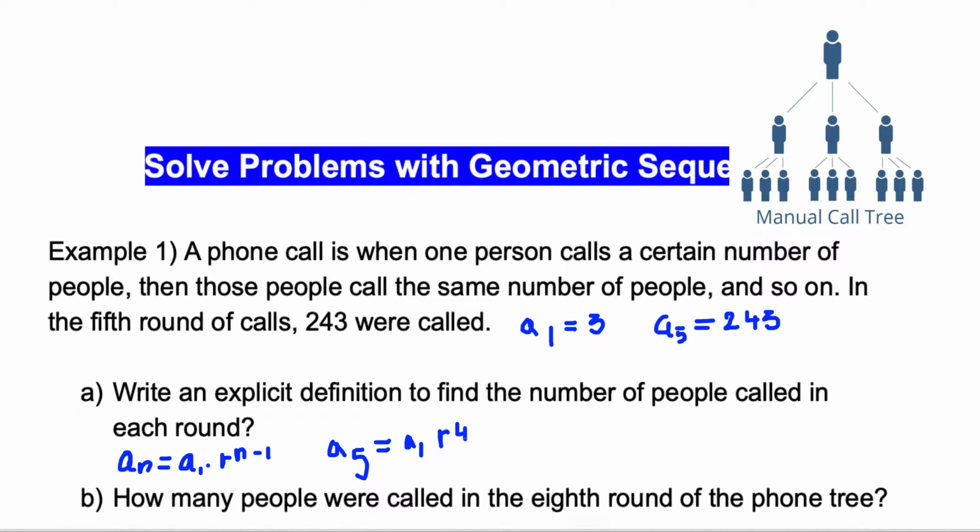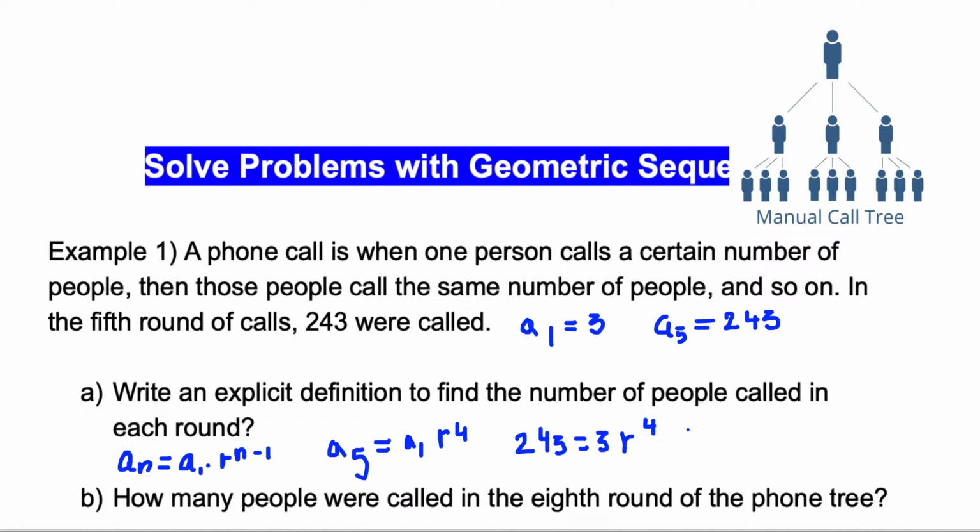Now let us substitute those values. A fifth is 243. A1 we already know is 3. R we don't know what it is, and it is in exponent 4.